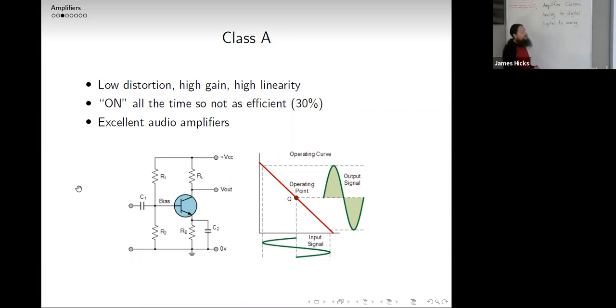They are also the lowest distortion and highest linearity amplifiers. So even though they're not as efficient, they have their place because of their high gain, high linearity, and low distortion.